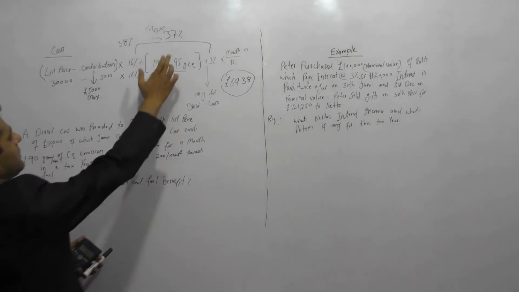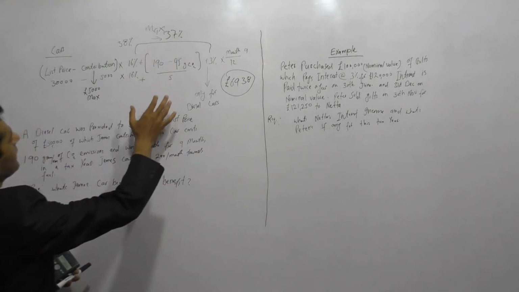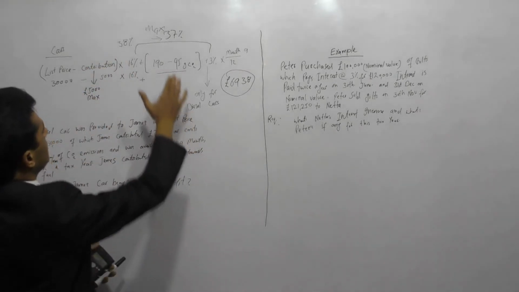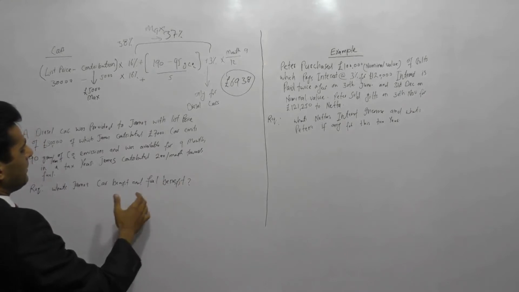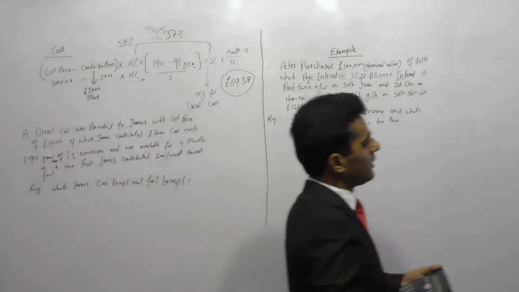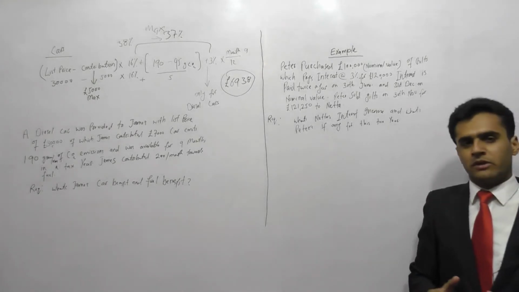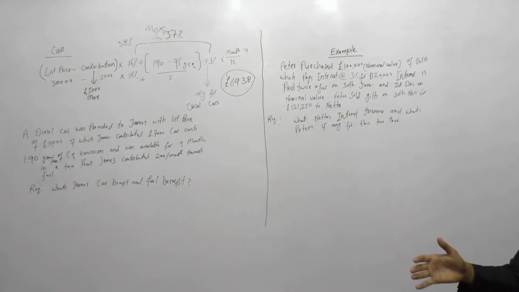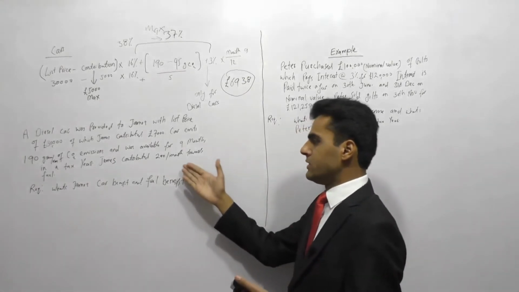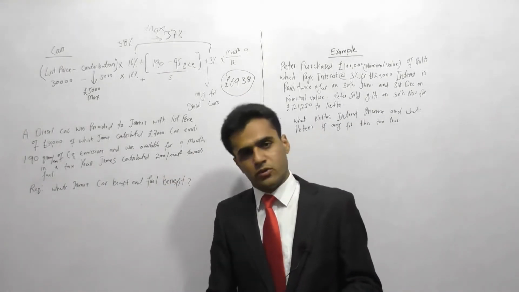So whatever the percentage is, maximum is 37%, although we calculated at 38%, but the maximum we can take is 37%. So we'll take 37% of whatever the amount was, 22,100. So we'll take 37% in while calculating the fuel benefit. All right, because we cannot deduct whatever employee has contributed.